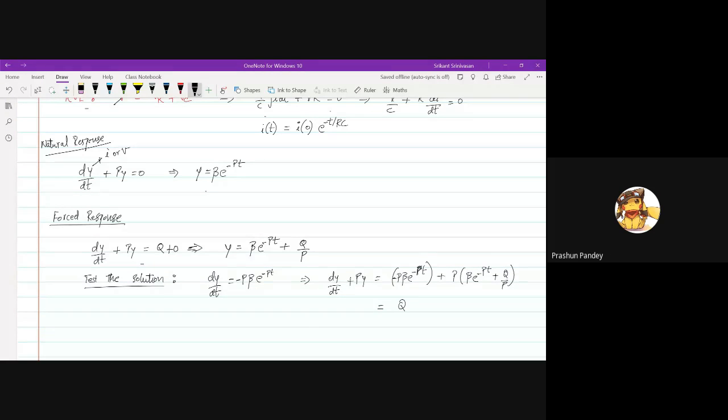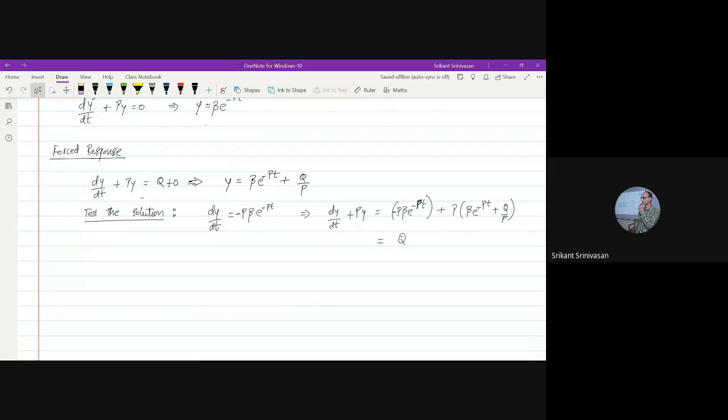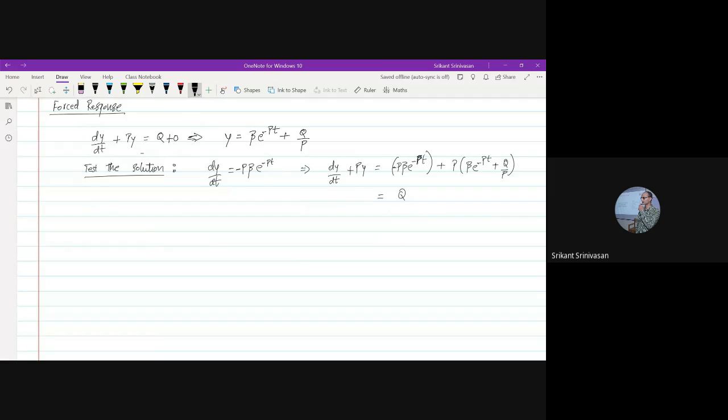Yes, sir. So now if I'm putting a forced response to my equation, so let's say I take an RL circuit. And let's say I take some function that is V naught into U of t. It is a step function.